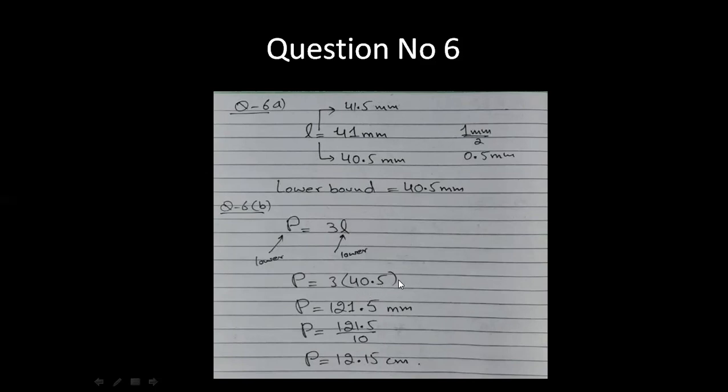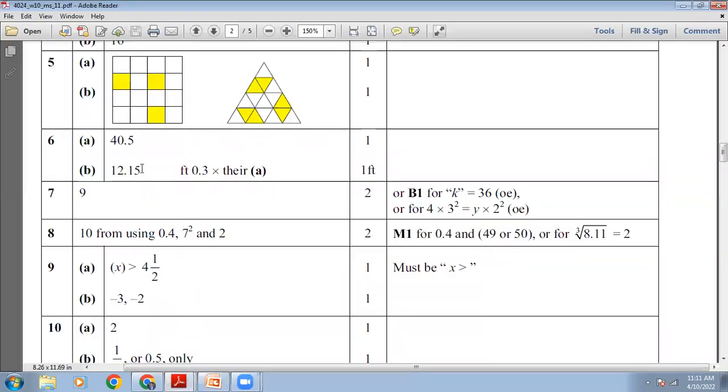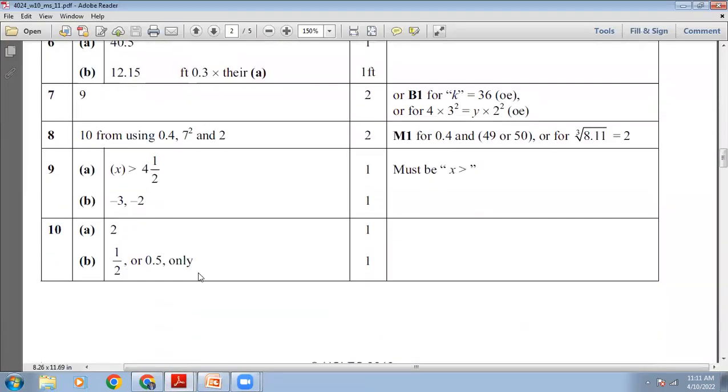So 3 multiply 40.5 will be 121.5, but that is in millimeters. You divide it by 10 and it will be converted into centimeters. So your answer will be 12.15 centimeter. 12.15 centimeter is the right answer, sir.